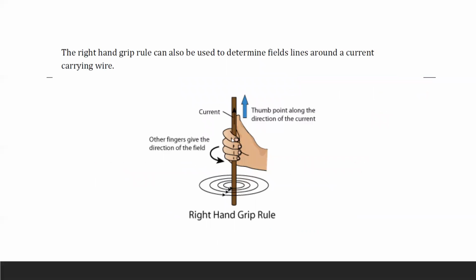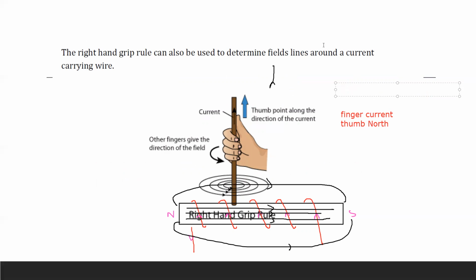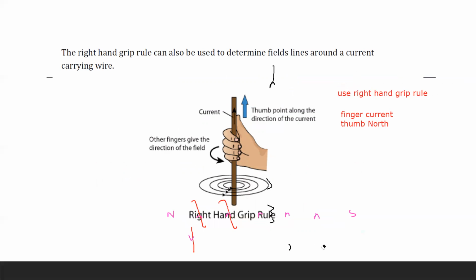In the same way, if the wire is a straight wire, then again we will use the right hand grip rule. But in this case, the thumb will represent the direction because it's a straight wire, so the opposite will happen.